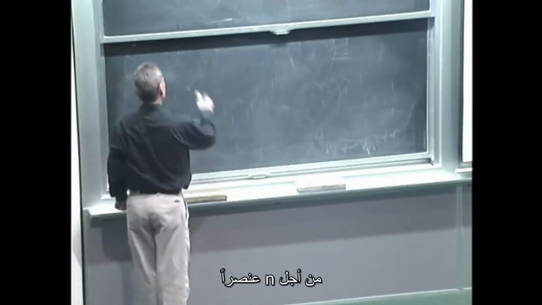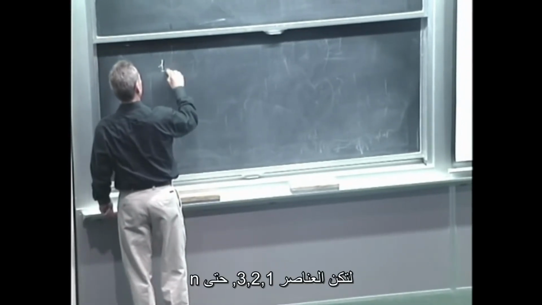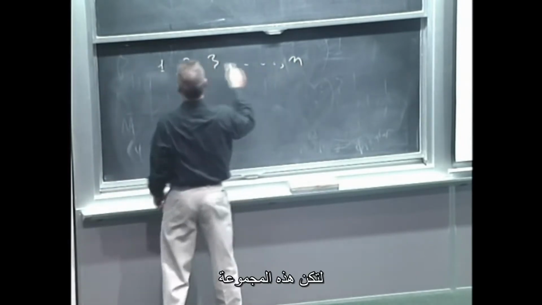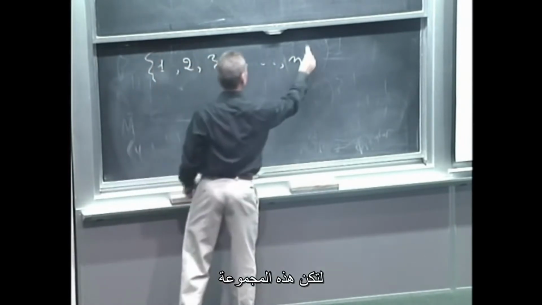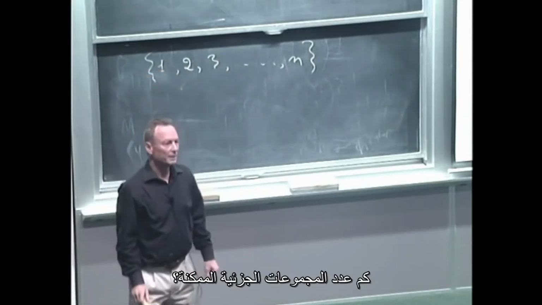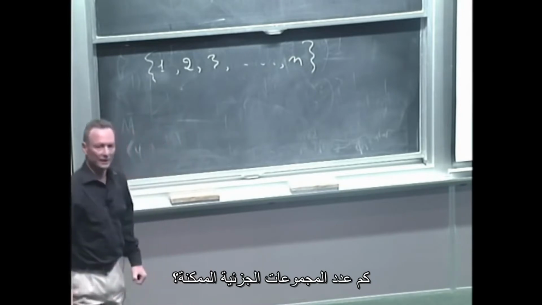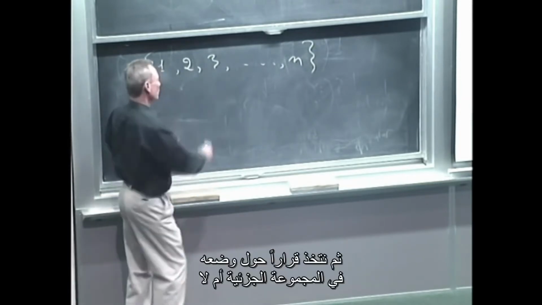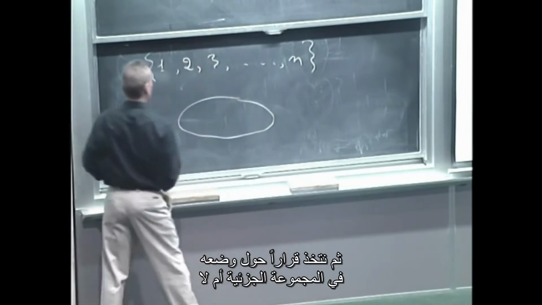Now, a different question. We have n elements. Let's say the elements are 1, 2, 3 up to n. And it's a set. And we want to create a subset. How many possible subsets are there? So picking a subset means looking at each one of the elements and deciding whether you're going to put it in the subset or not.